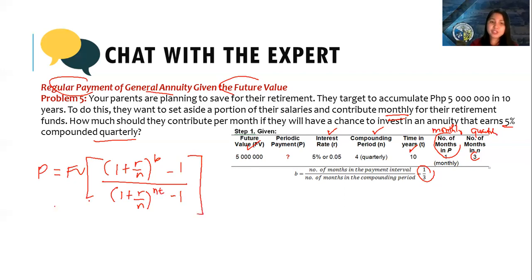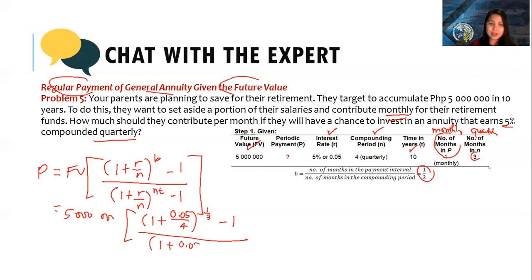Now, our future value is 5 million. 1 is constant, our rate is 0.05, our N is 4. Raise the power of 1/3 minus 1, all over 1 plus 0.05 over 4 to the power of N, it's 4 times T, 10, minus 1.